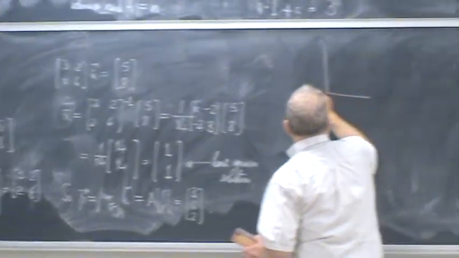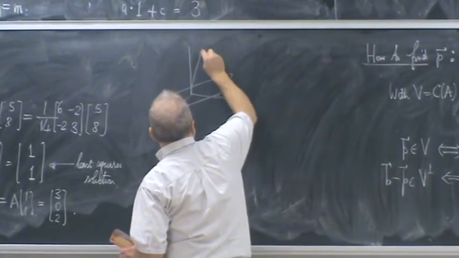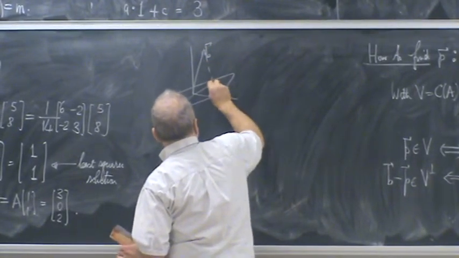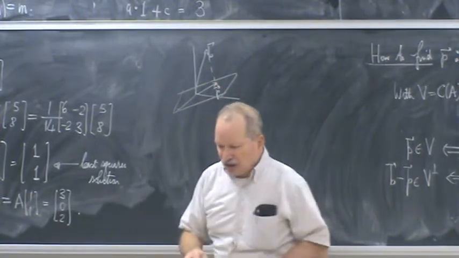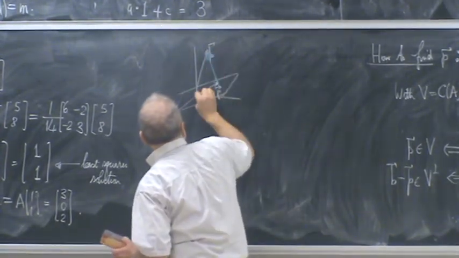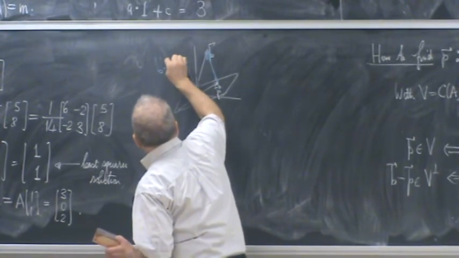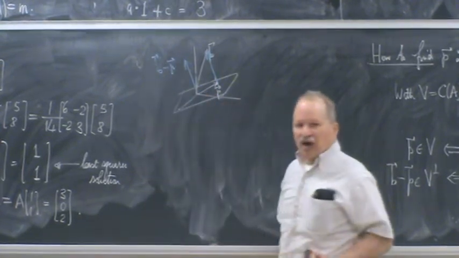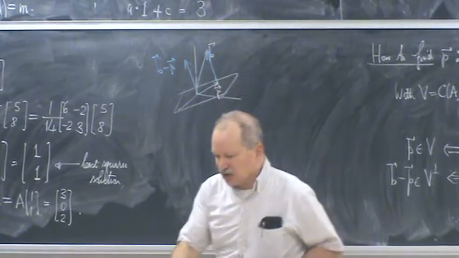You've got your column space, you've got your B, you've got your alleged projection, and the error vector is what you want to be orthogonal to the subspace. So let's just double check that.